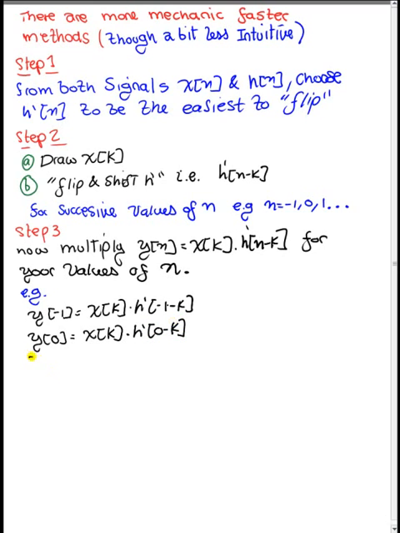Now you can say y of 1 is equal to x of k times h of 1 minus k. And then if you don't figure out the pattern, then you just keep going doing the same thing.